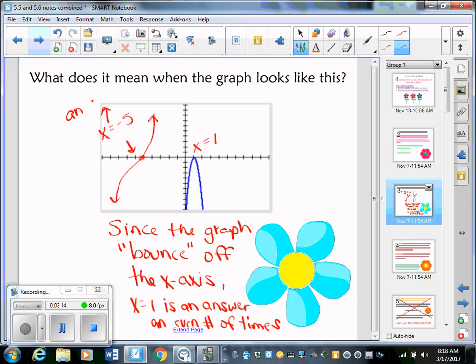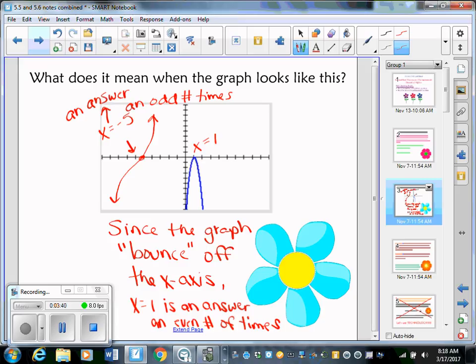That is an answer an odd number of times. Typically it's once, but it could be 3 times, maybe 5 times. At most, what we'll deal with would be 3 times.